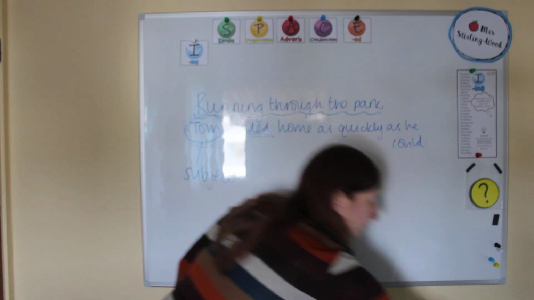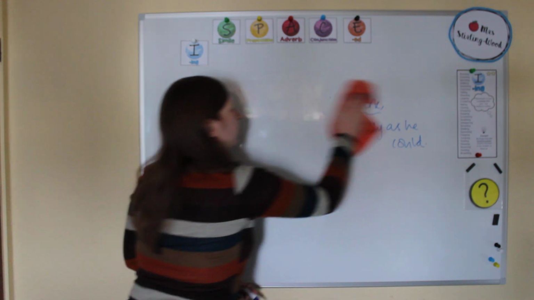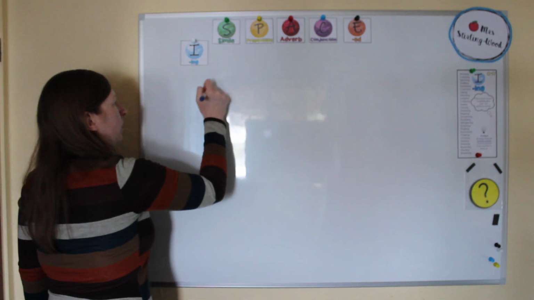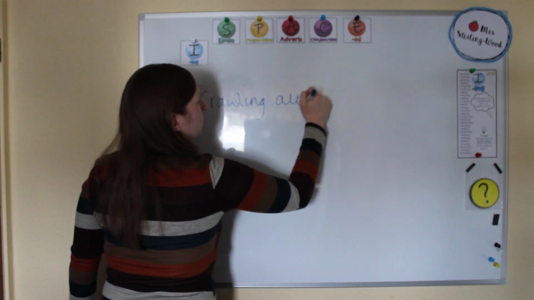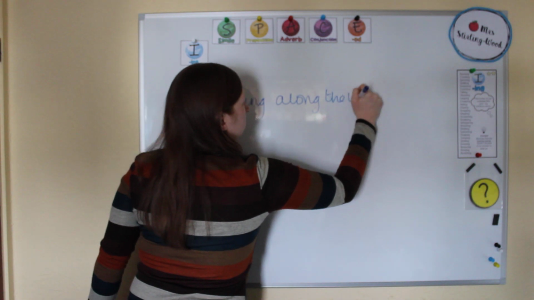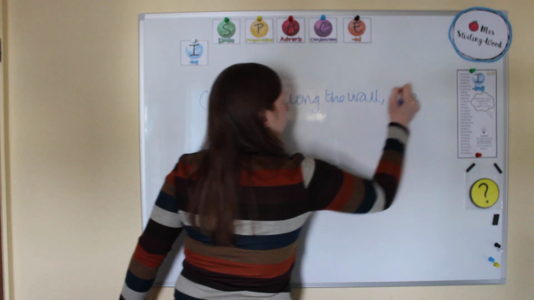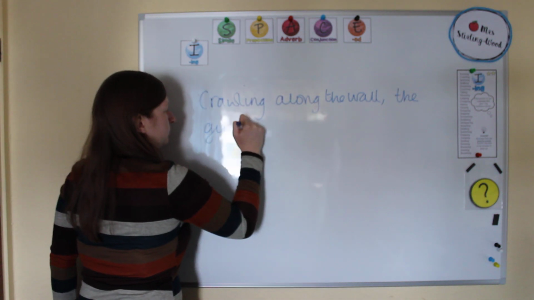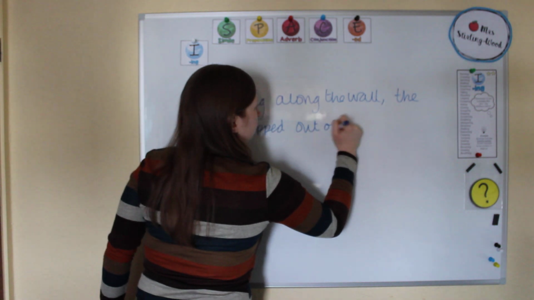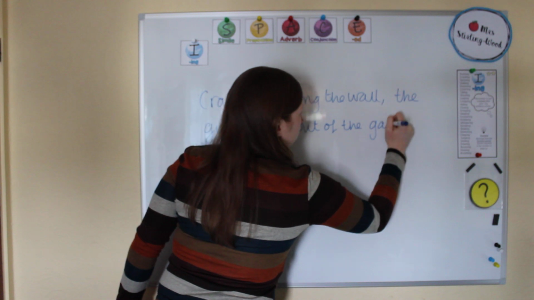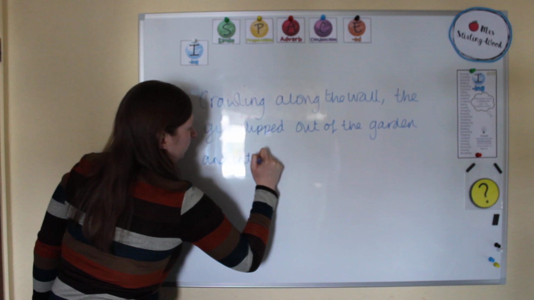Okay, let's have a look at another one. Crawling's a good word. Crawling. Crawling along the wall, comma, the girl slipped out of the garden and into the forest beyond.